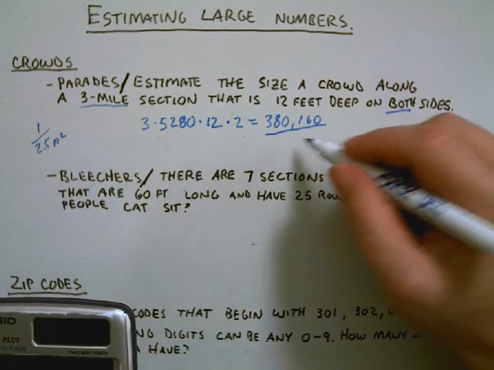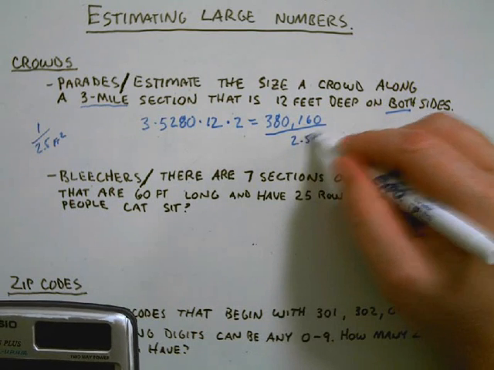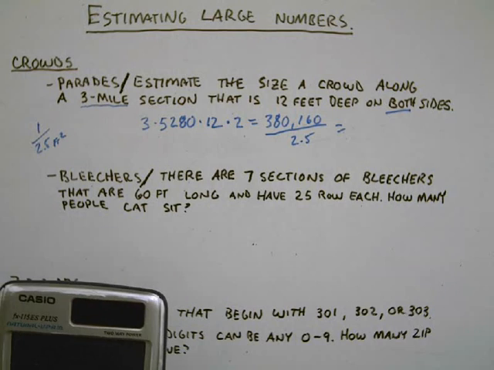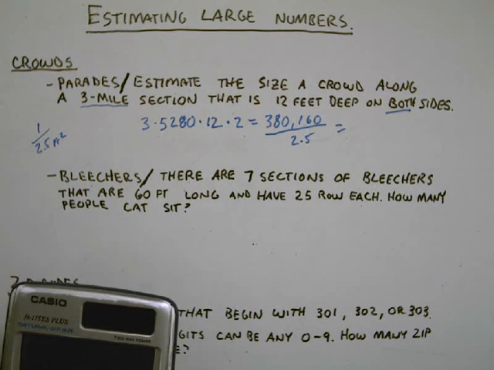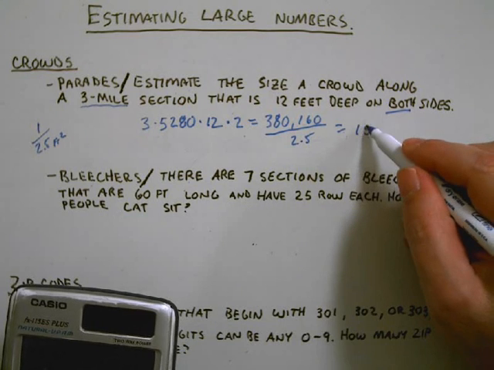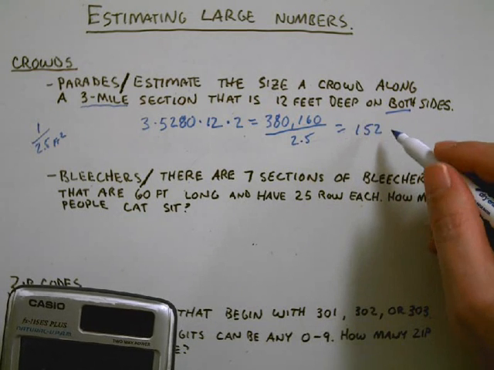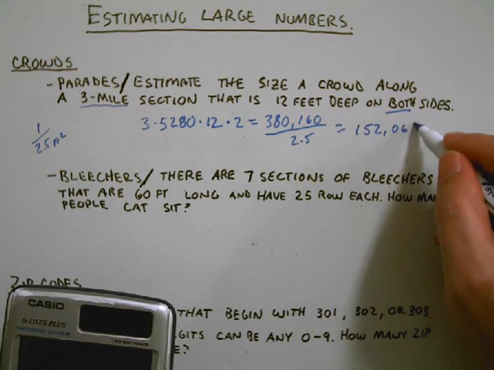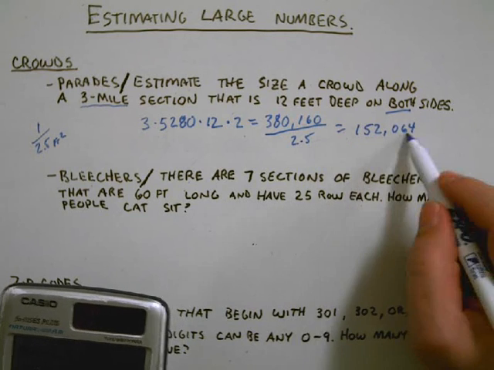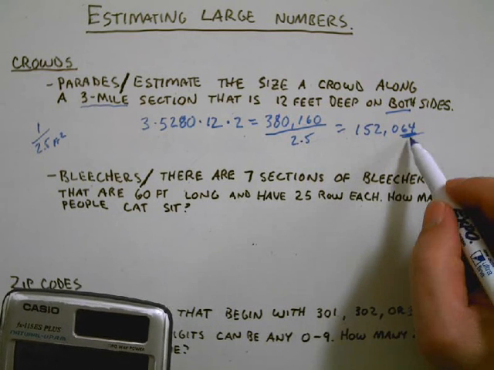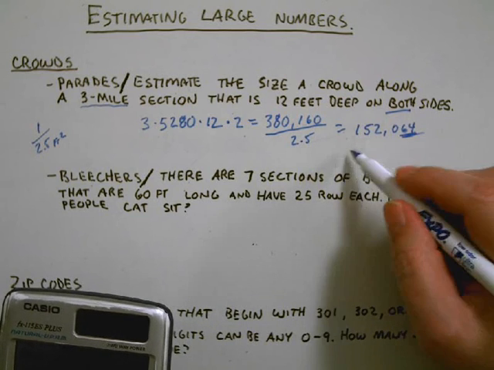And of course, that's the area of the crowd. To find how many people can fit, how many 2.5 square feet are in there, we divide by 2.5, and your answer should be 152,064. Now, remember, this is just an estimation of large crowds, so I wouldn't really include that 64.